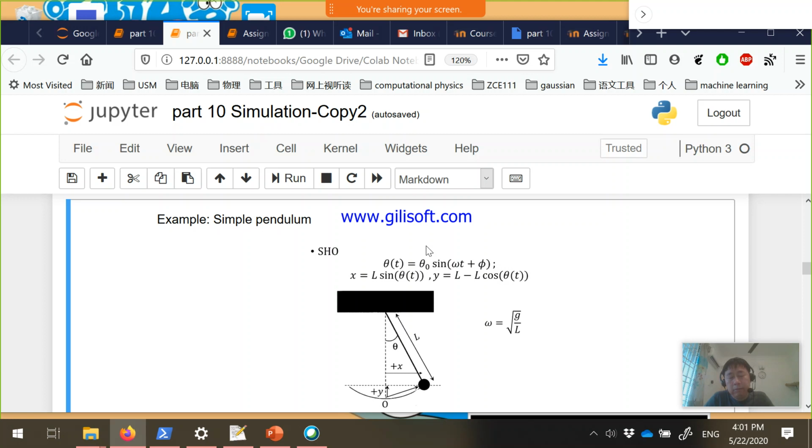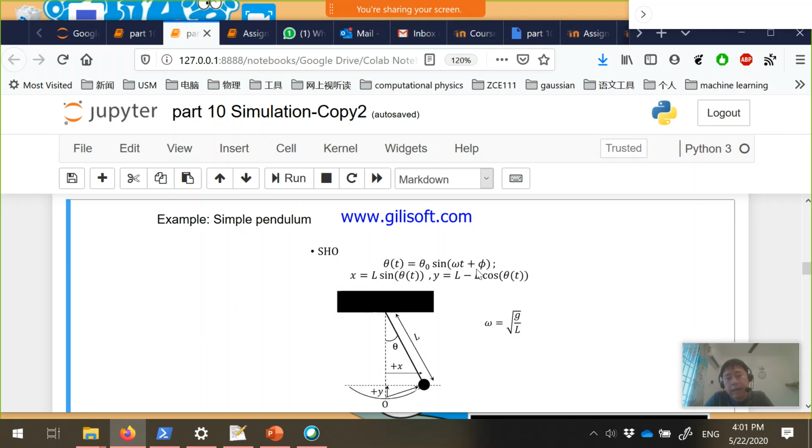That is called the amplitude. And then omega is the frequency, which is fixed by the length of the pendulum. If you change the length of the pendulum, then the frequency would change. Say a longer length gives a smaller frequency. If L is smaller, then the frequency is faster, so the pendulum would oscillate faster.